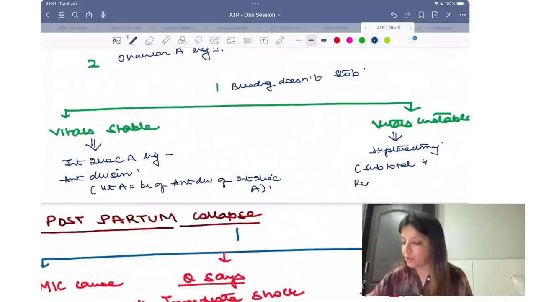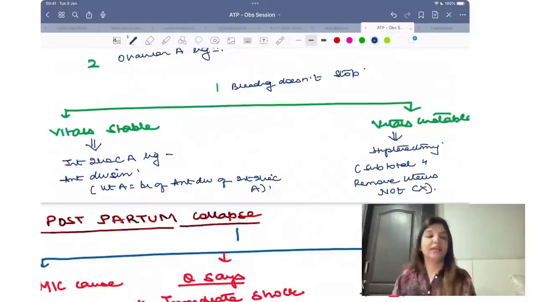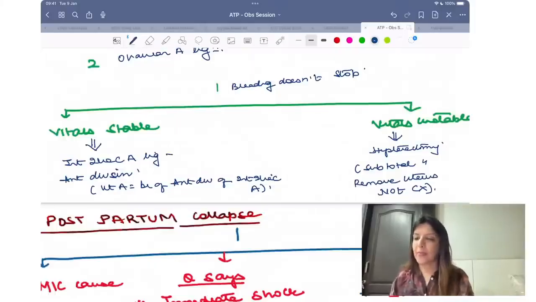You have to remove the uterus, not the cervix. Clear to all of you? Yes? Done? Have you understood how to manage stepwise management of PPH?